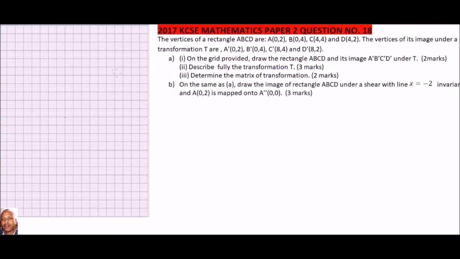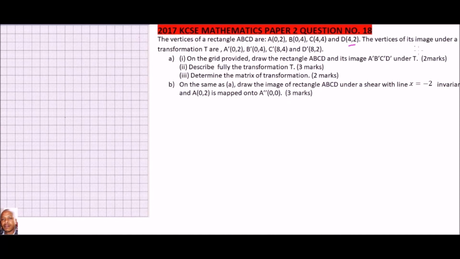So this is question 18 in 2017 KCSE Mathematics paper 2. It is from the topic matrices and transformation, which is the first topic in the Form 4 syllabus, and it says the vertices of a rectangle ABCD are A(0,2), B(0,4), C(4,4), and D(4,2).